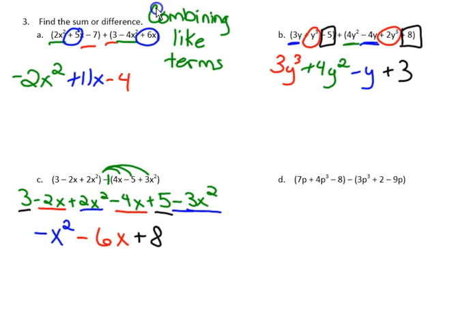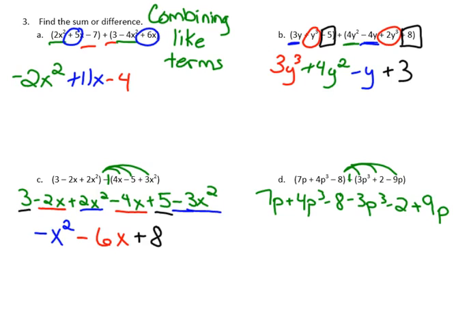Same idea here. I have to take and multiply through by a -1. So I'm going to copy the first part over. And this is going to give me -3p to the third minus 2 plus 9p. So I have p to the thirds. I'm going to put those together first. So I have 4 and minus 3, so that's a +1, so p to the third.